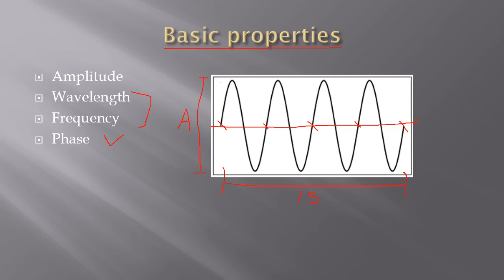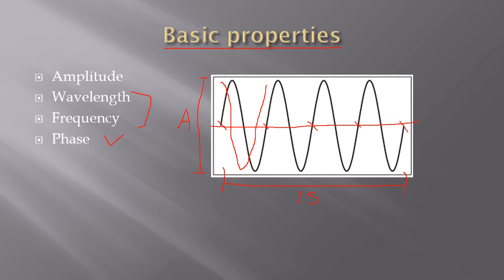Just as an example, if I draw a signal starting from the top there and then going down here, and then going up here again, and so on, then it means that this signal, the red one, has the same amplitude as the black signal. The wavelength is also the same as the black signal, and so is the frequency. The only different thing is the phase.